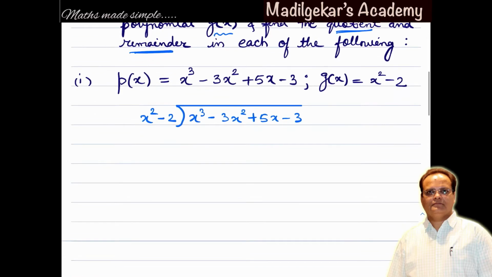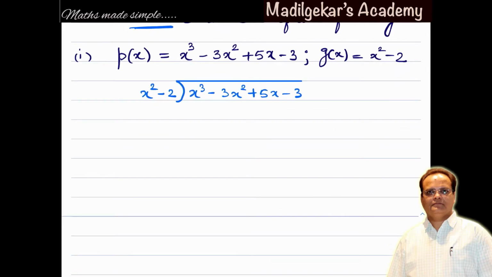Now to divide one polynomial by another, we must compare the first terms of both divisor and dividend. Here the first term is x square and here the first term is x cube. We must compare the powers of both the terms, and second, the coefficients of both the terms.